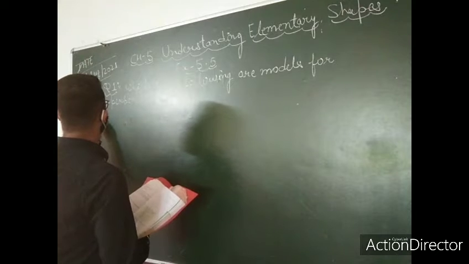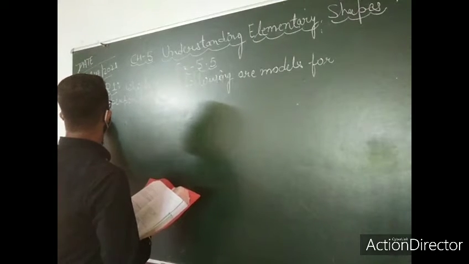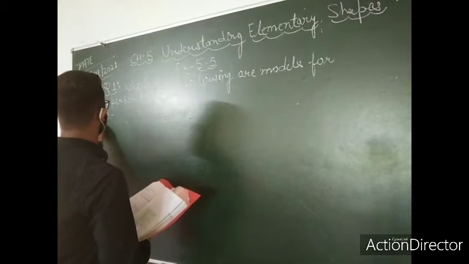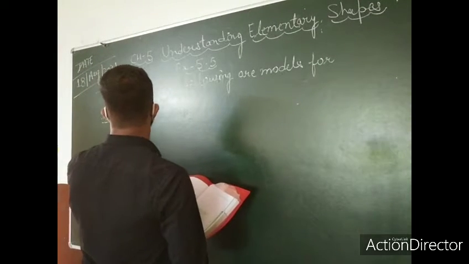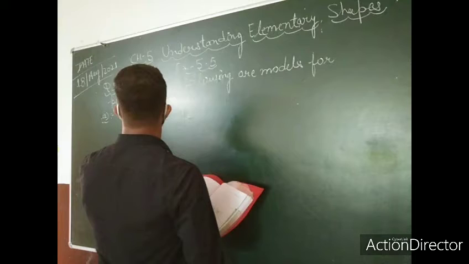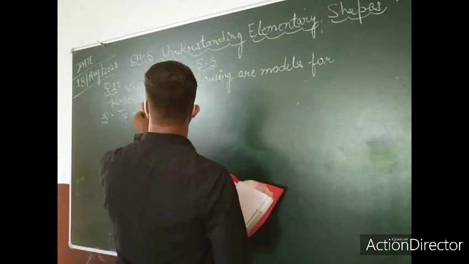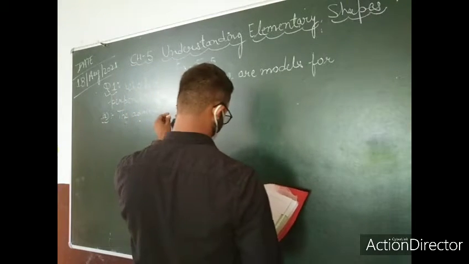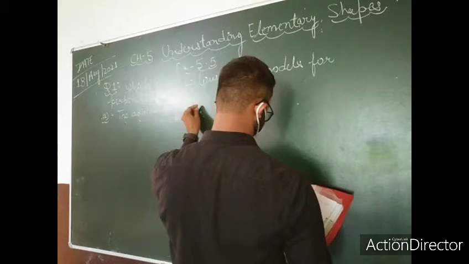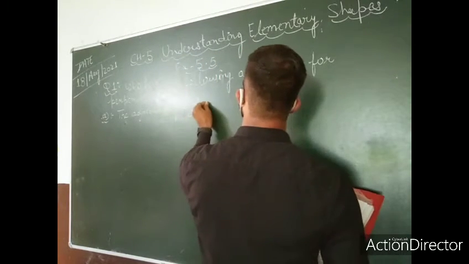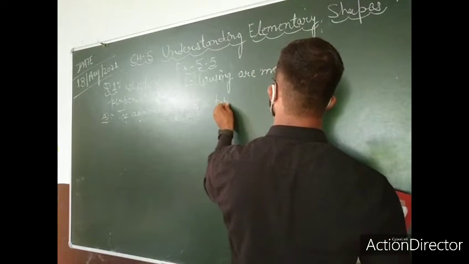Now the A part of this question: the adjacent edges of a tabletop.